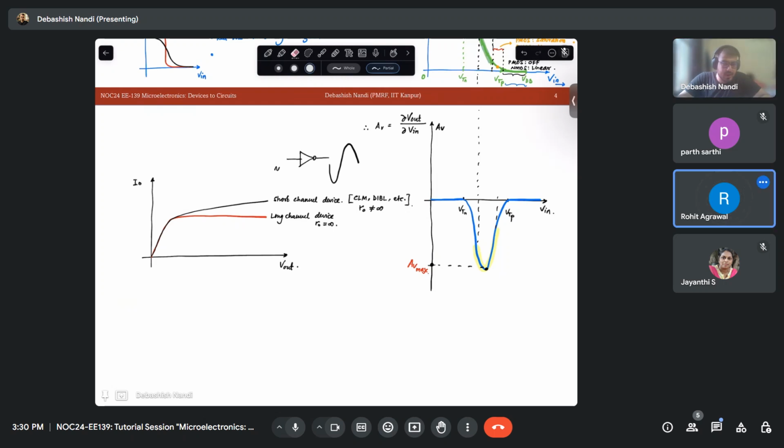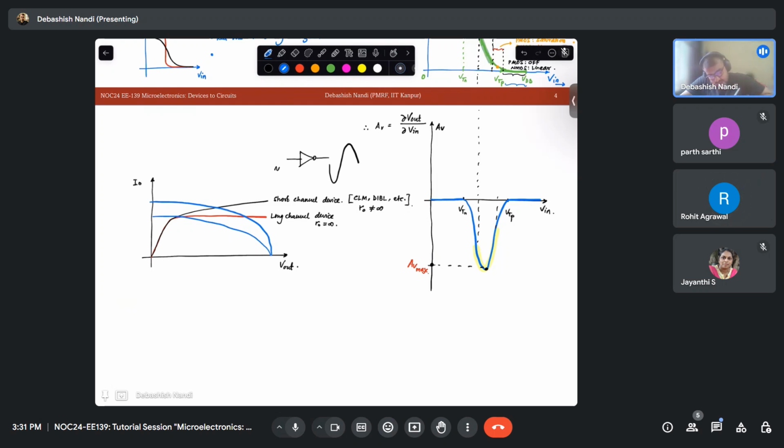Okay. So now coming back to the discussion, let's say your PMOS curve is something like this for multiple values.